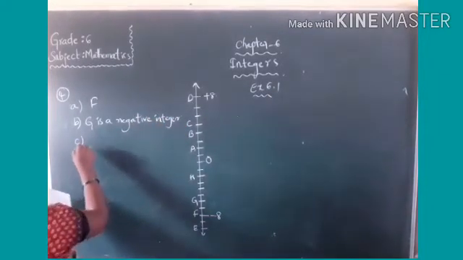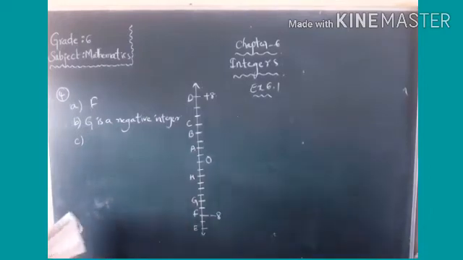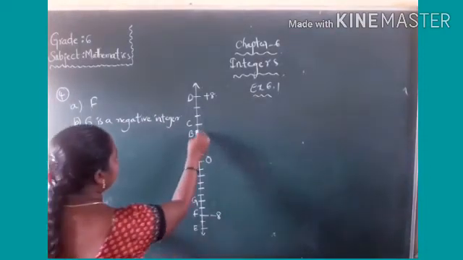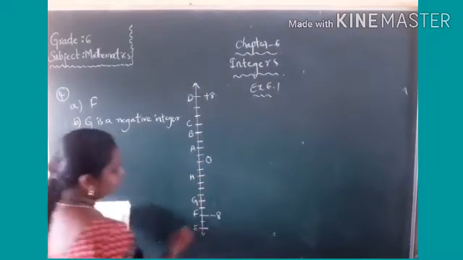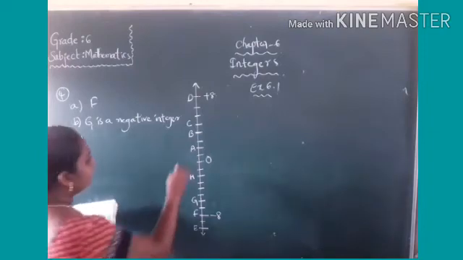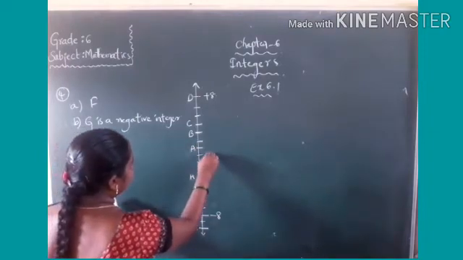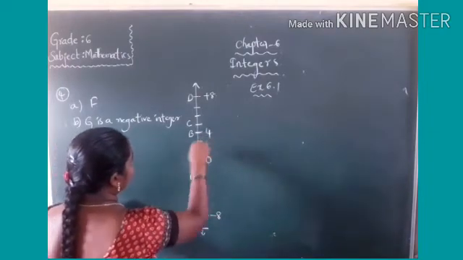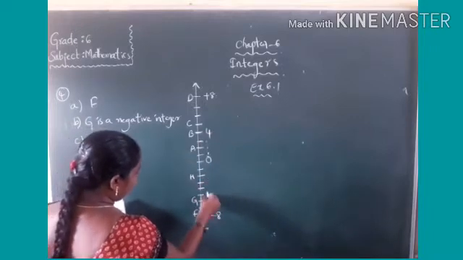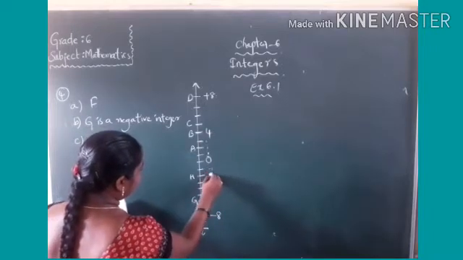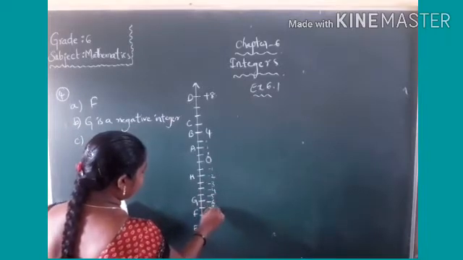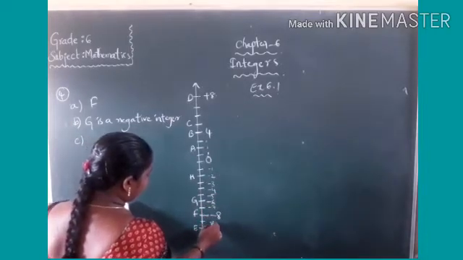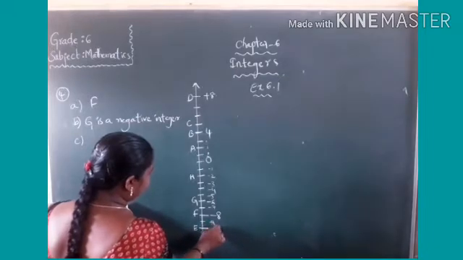Next, write integers for points B and E. So what is the integer for B and what is the integer for E? Here 0, 1, 2, 3, 4. Point E: minus 1, minus 2, minus 3, minus 4, minus 5, minus 6, minus 7, minus 8, minus 9, minus 10.